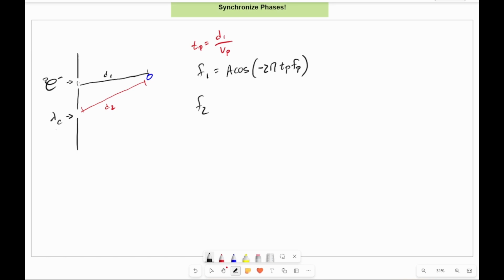Now, for the second slit, these waves are going to kind of be persisting because the electrons in the slit are holding this signal, oscillating with this signal. Okay, so the wave is still going to travel a distance d2.